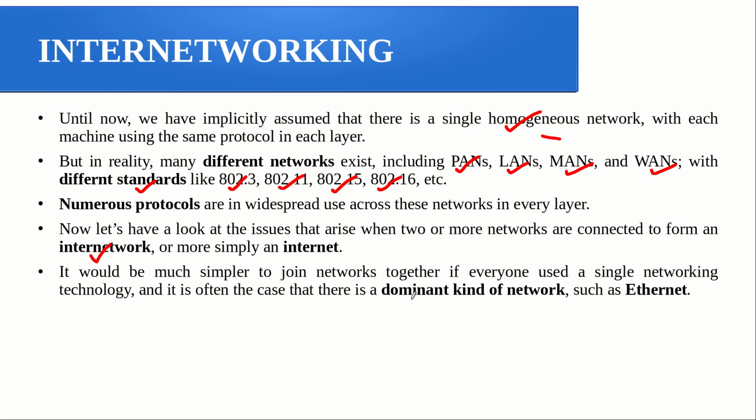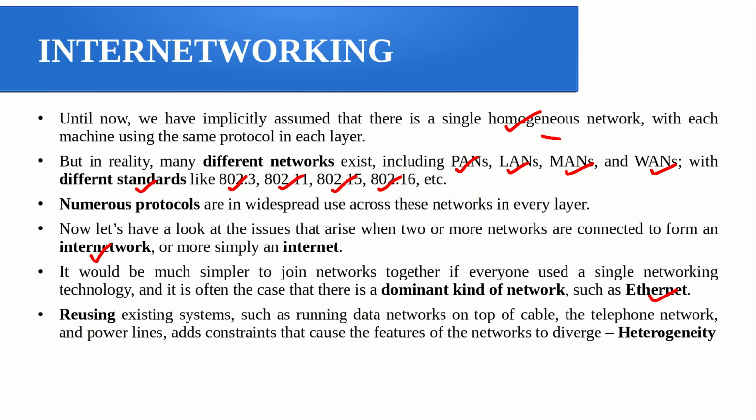Of course there are dominant networks like Ethernet, but still there are many different networks, protocols and standards, and everyone wants to work together. If you could replace everything with a few protocols, that would be fine, but that is not the thing. We have to encourage new protocols and standards that are emerging; maybe a better one may come in the future. So heterogeneity will be there, and we should be ready to deal with it.